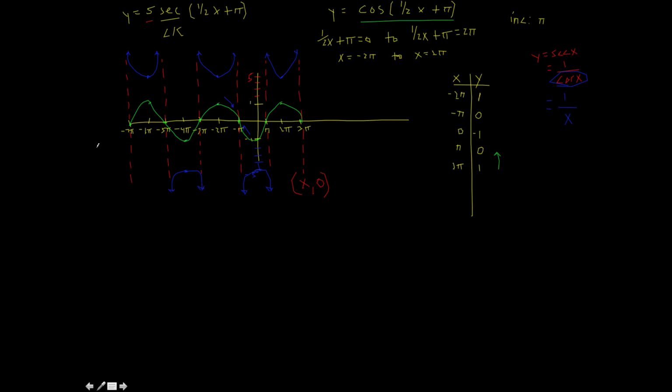So I think it's a little more confusing the way your book does it. I actually like graphing the cosine and the sine first. I think it makes it easy to see the asymptotes, and then easy to take the maximums and minimums and make the maxes mins and the mins maxes and so on. I just think it makes it easier to graph it like that. I hope it does for you.